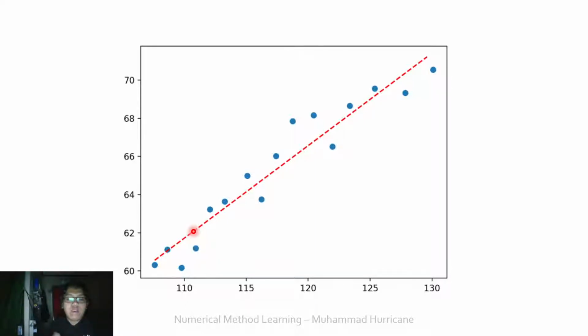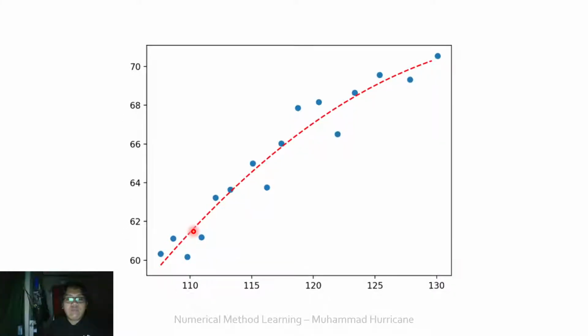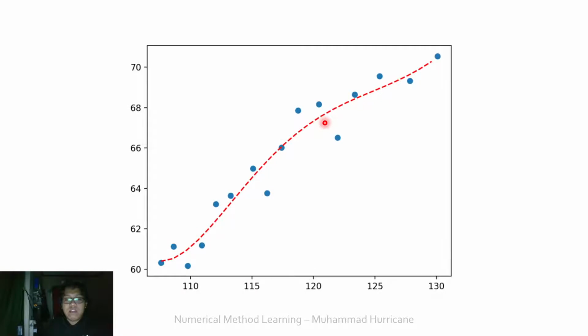representing the other values of the data, while if we double it into quadratic regression, we have something like this. And when we step further to, let's say, the fifth order. The linear one is first order, the quadratic is second order, and here we have the fifth order, which is more representative of the exact data, or the true value.